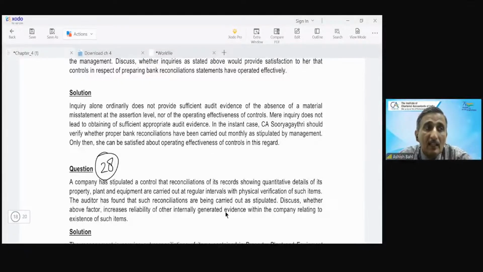Yes, Harshit, you are right. The question is asking about reliability of audit evidence. So if this control is operating satisfactorily, does the reliability of other audit evidence relating to PPE items, which is generated internally, increase or not? This is the question. What should be the answer?